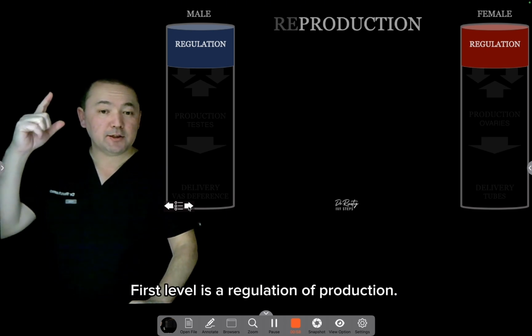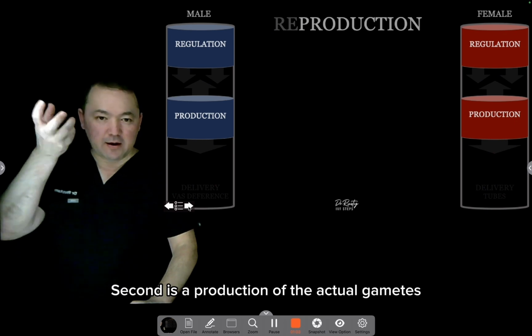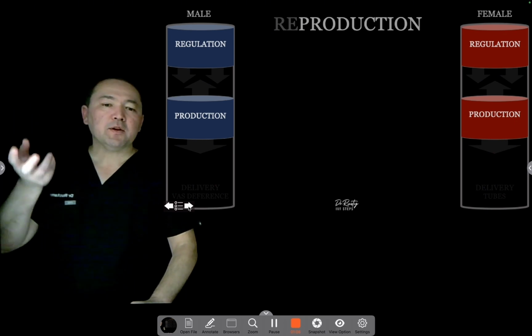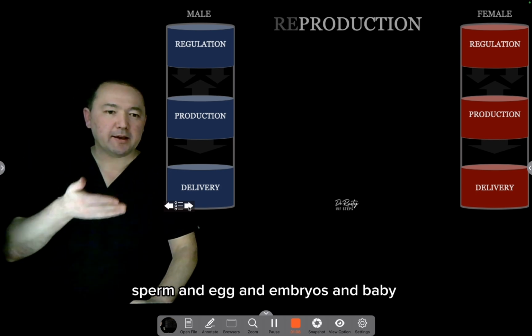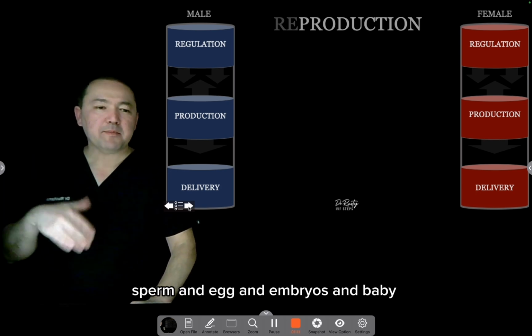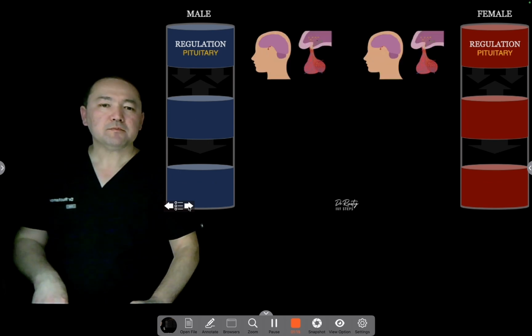First level is a regulation of production. Second is a production of the actual gametes. Third is a delivery of those gametes, sperm and egg and embryos and even baby, to have a successful pregnancy.